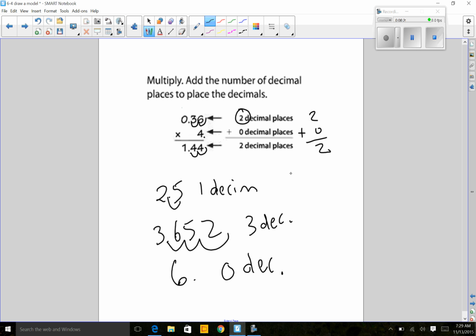In a number like 3.62571, there are 1, 2, 3, 4, 5 decimal places. Okay, and then you just count how many there are, and then you add them together from both factors, and then you move that way in the other direction.